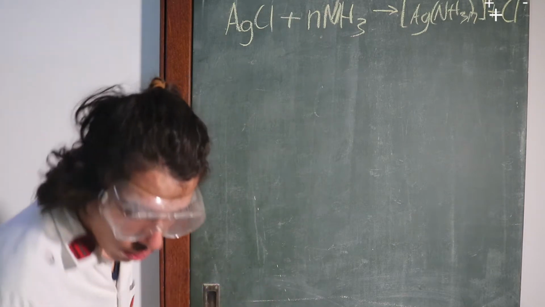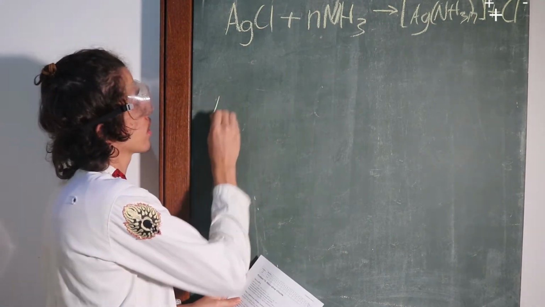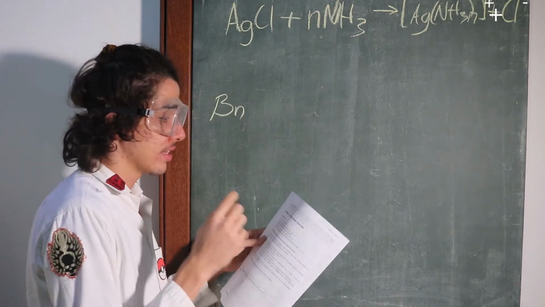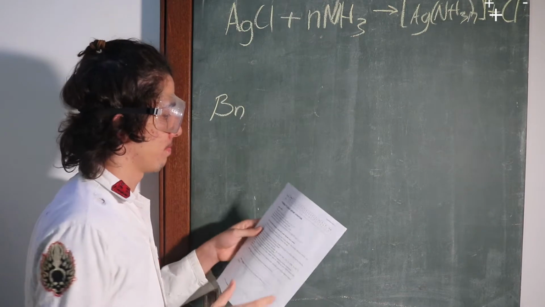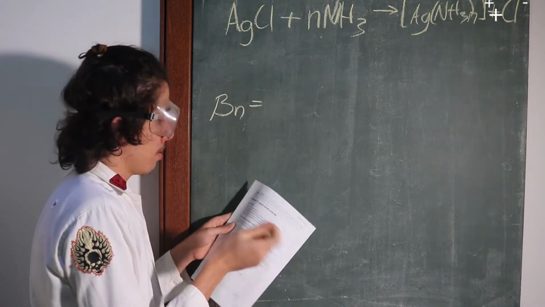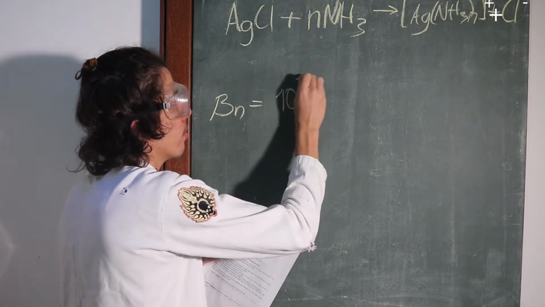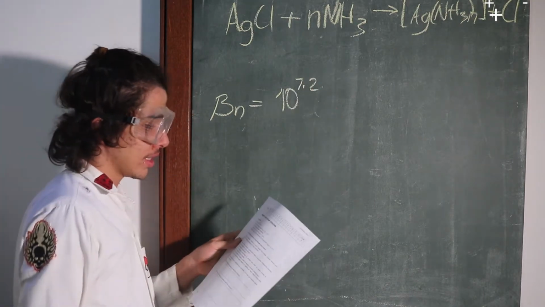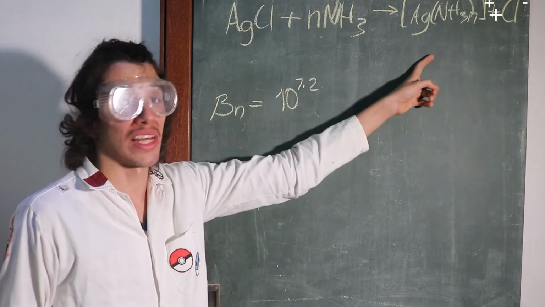To calculate the equilibrium constant, we will need information that is at the beginning of the problem, which is beta n. Beta n is equal to 10 to the power of 7.2. This beta n is the constant of formation of this complex.